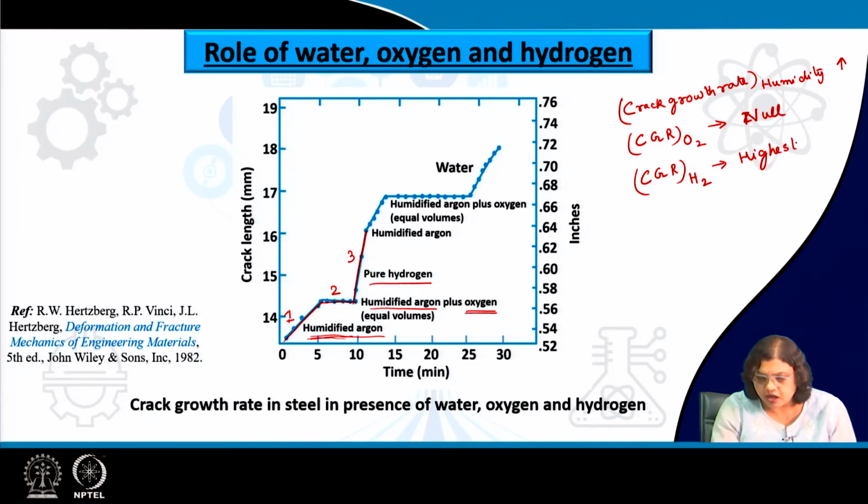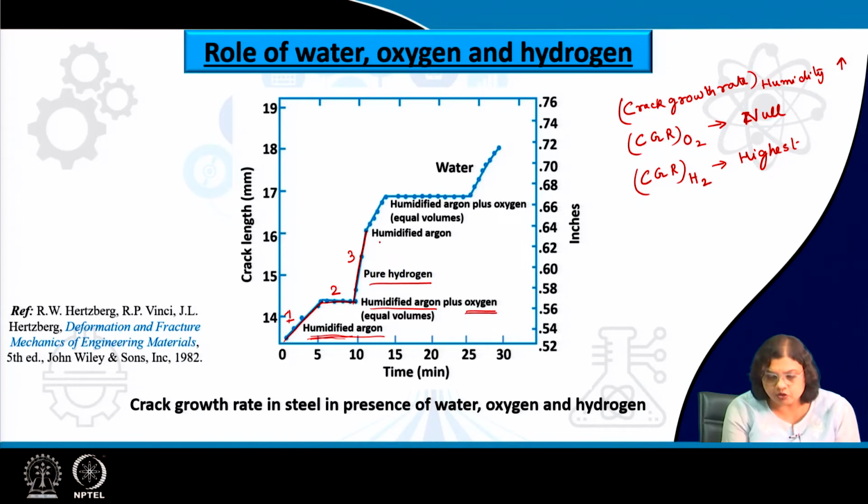Obviously hydrogen seems to have the most detrimental effect on the crack growth rate. It grows much faster in presence of hydrogen, and that is all because of this embrittling mechanism, that it weakens the bond, and along with this internal pressure that leads to faster growth of the crack. Okay.